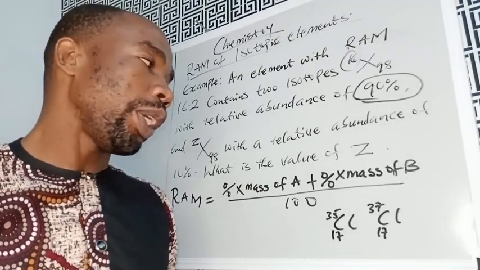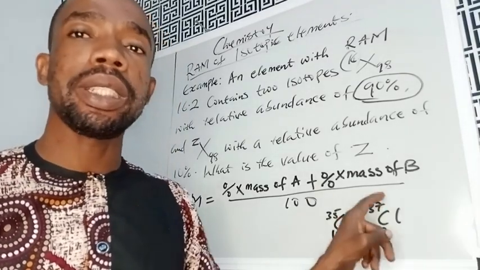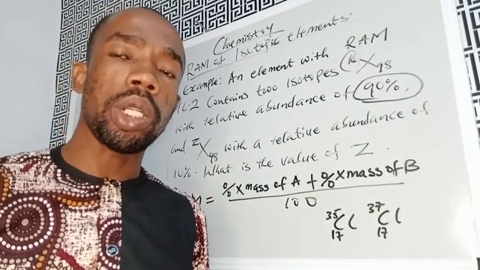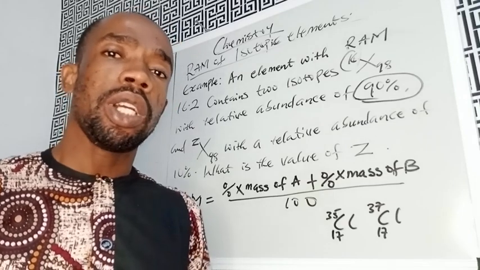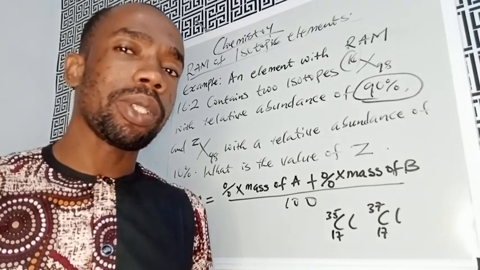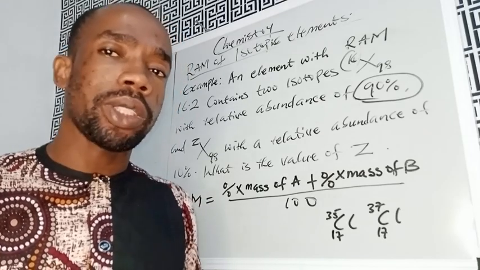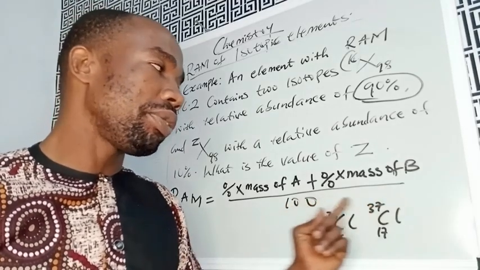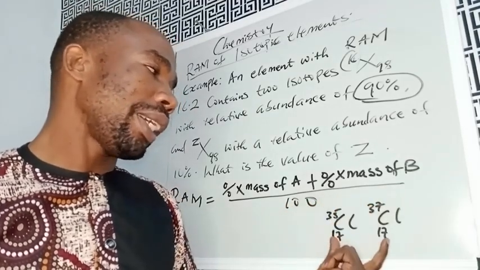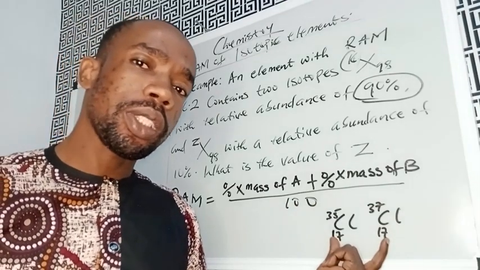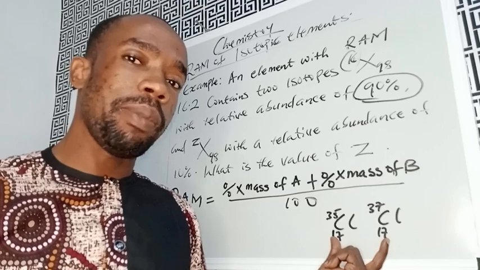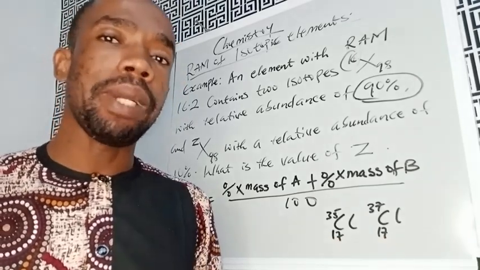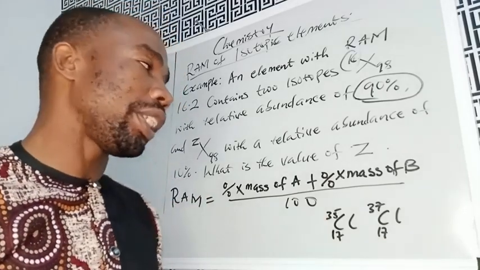The reason is that the difference in the atomic mass is the work of the neutron, and the neutron or atomic mass does not contribute to the chemical property of an element. So it's the neutron that causes the difference here. The atomic number, which is the number of protons and determines the chemical properties of an element, is still the same in both of them. So they will behave identically chemically, but differently physically.